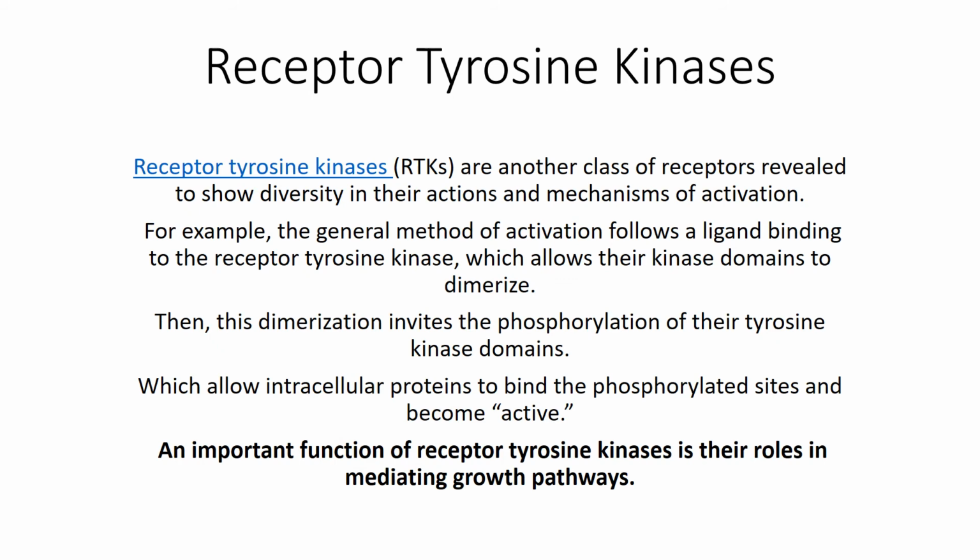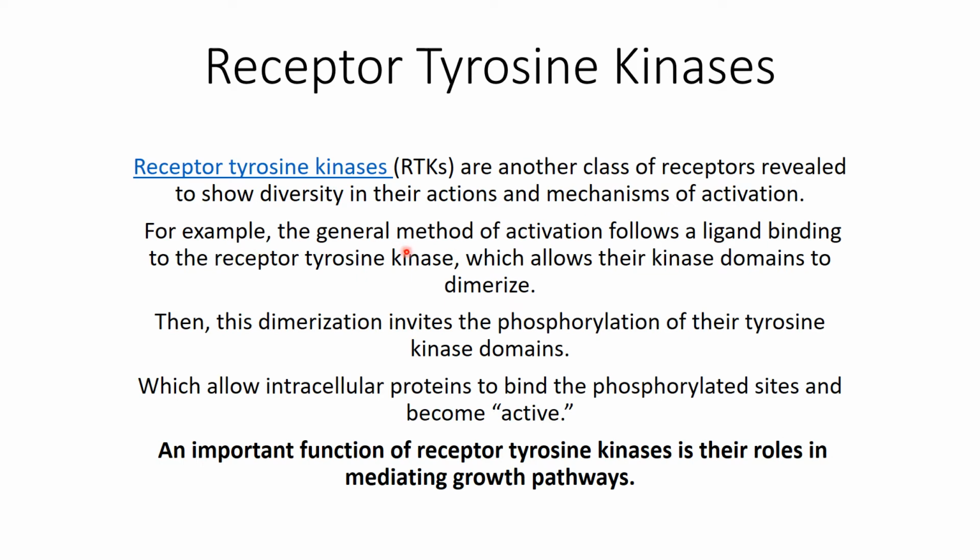Receptor tyrosine kinase. Receptor tyrosine kinase is another kind of receptor family. These receptor tyrosine kinases are another class of receptors revealed to show diversity in their actions and mechanisms of action.